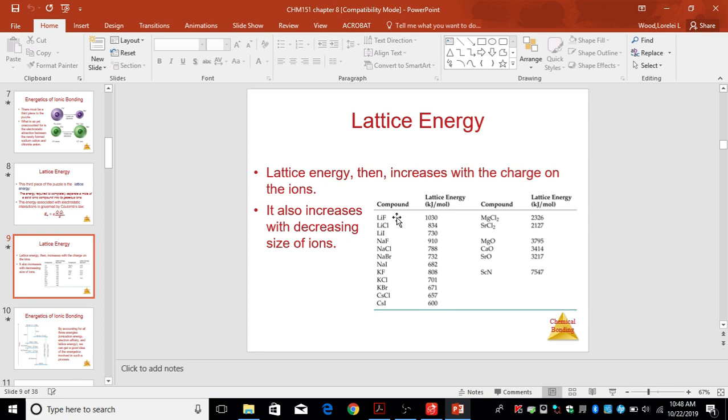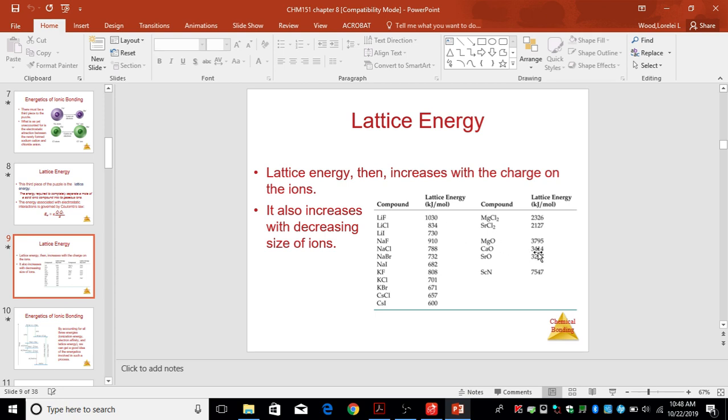Who's bigger? Okay, if we look at fluorine, chlorine, and iodine on the periodic table, iodine is going to be the largest one, right? So the distance between the atoms is going to be larger for lithium iodide. If the distance is larger, what happens to the energy requirement? It goes down. All right, so it's all mathematically related.